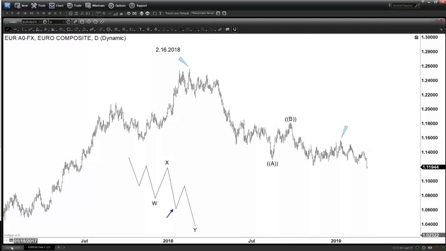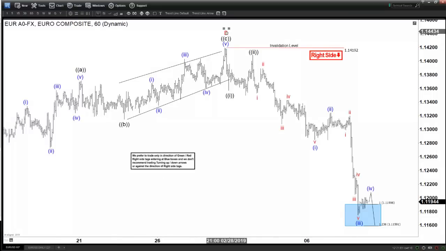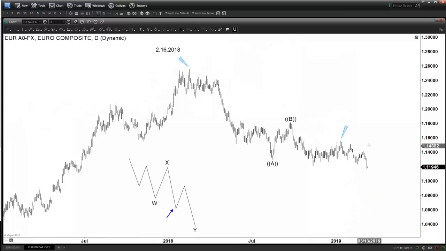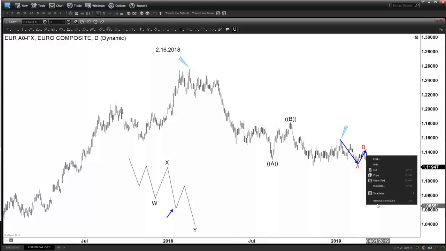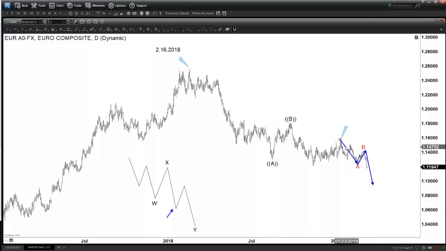If you look at the 1 hour, this is a B right here. So if this is a B, this has to be your A. And so this is some sort of a zigzag from here, like a B and then C, some sort of an ABC. So again, further downside is expected.